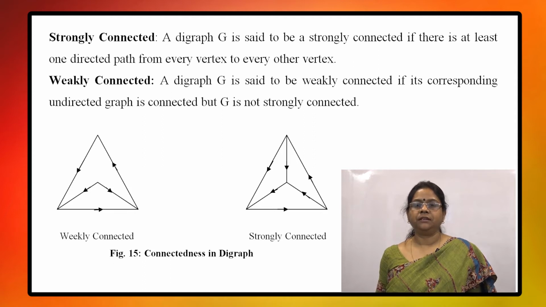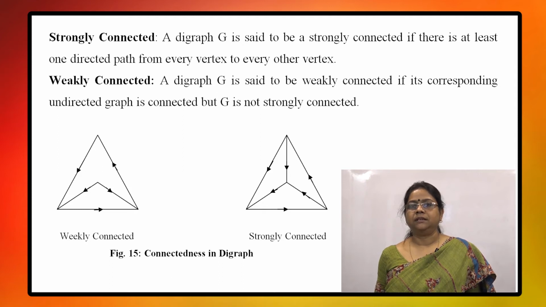In figure 15, we can see two graphs. The right hand side is a strongly connected graph. We can see that there are 4 vertices, and between any pair of vertices there is a directed path.